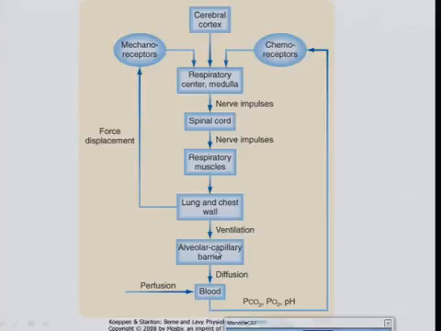As well, as we go down through, we look at our alveolar capillary barrier, in other words, oxygen and gas diffusion, how much oxygen is being moved, how much CO2 is being moved, what's the pH of the blood.